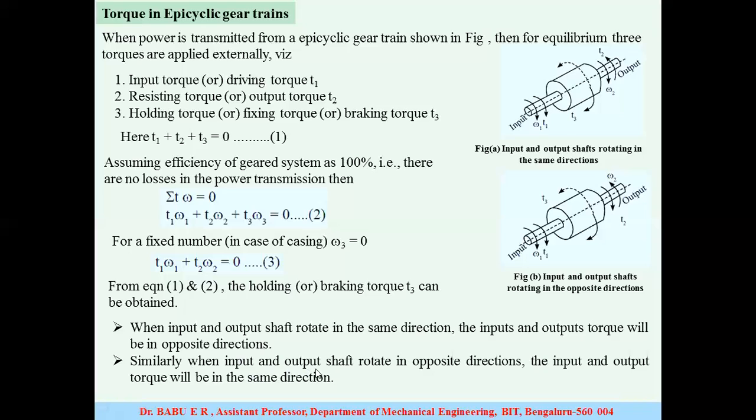Similarly, when input and output shafts rotate in opposite directions, the input shaft will rotate in clockwise direction and the output shaft in counterclockwise direction, then the input and output torques will be in the same direction. So the torque T1 and the torque T2 will be in the same direction.